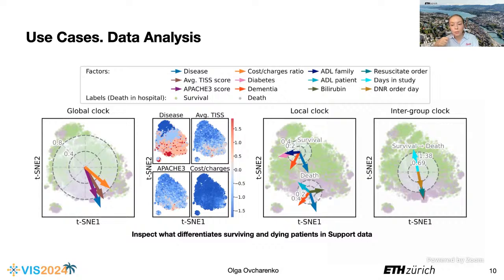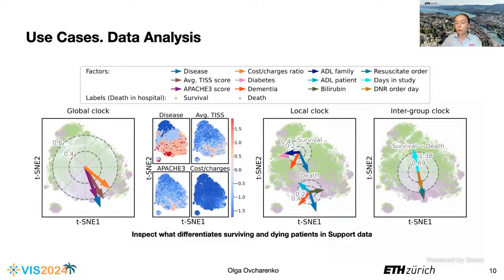So we see that patients with a less severe disease class survive more often, and medical centers charge these patients less. So what is t-score? The average t-score is an estimate of the severity of disease, and the Apache 3 score is an early warning of or indication of death, and most of the diseased patients had both scores high.